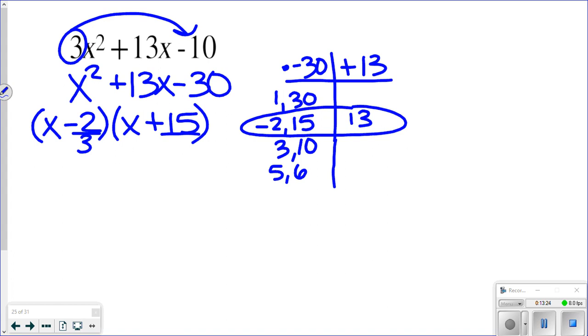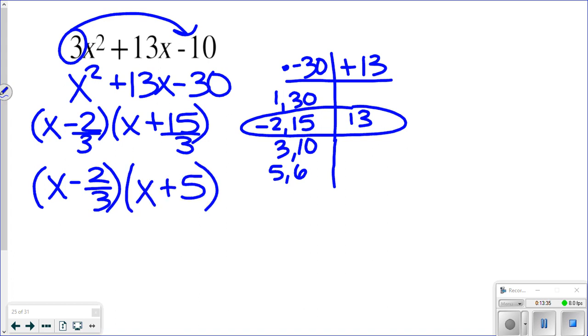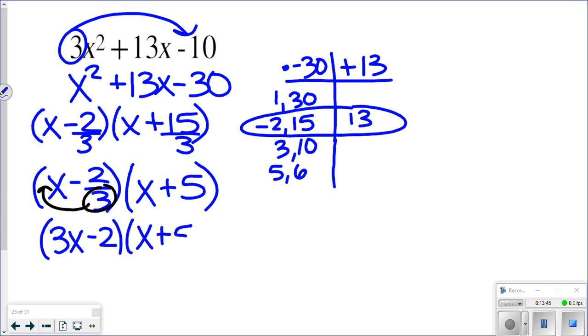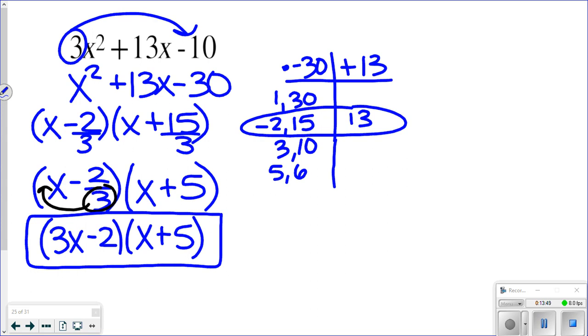Divide by that leading coefficient that we slid in the beginning. Reduce. And then slide this back in front. 3x minus 2 and x plus 5 are going to be our answers.